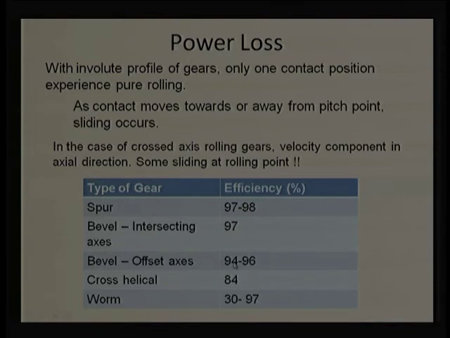So, this gives an idea that these have lesser efficiencies. When the efficiency is lesser than 100%, naturally there will be some sort of power loss. We could talk about the friction loss multiplied by the tangential velocity, but that is not our case. Here the sliding velocity changes continuously as we move away from the pitch point, and it always happens in one contact.